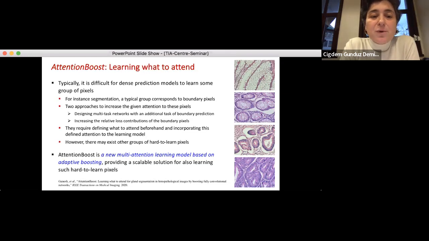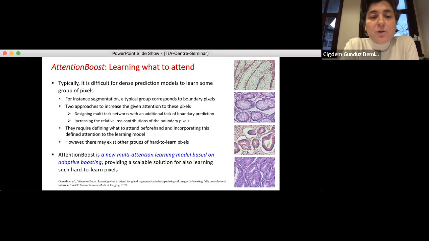The first approach relies on designing multitask networks with an additional task of boundary prediction. So here the network is trained also to minimize the loss defined on this additional task, which helps increase the accuracy of the overall system for boundary prediction. And the second approach relies on increasing the relative loss contributions of the boundary pixels. So this is like defining a weighted loss function.